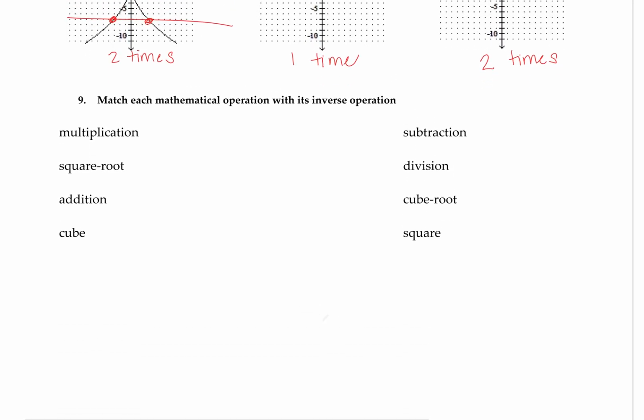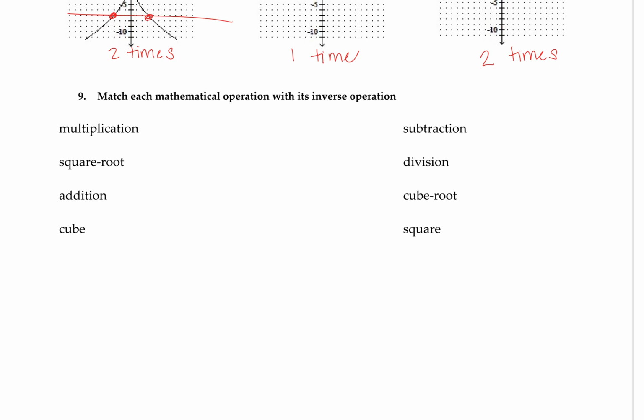All right, and finally, we're looking at matching each mathematical operation with its inverse operation. The inverse means the opposite, meaning how do I undo, in this case, multiplication? Well, I undo multiplication by using division. How do I undo a square root?